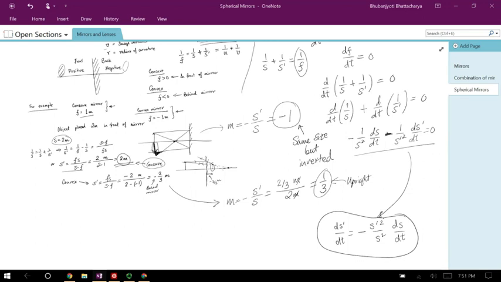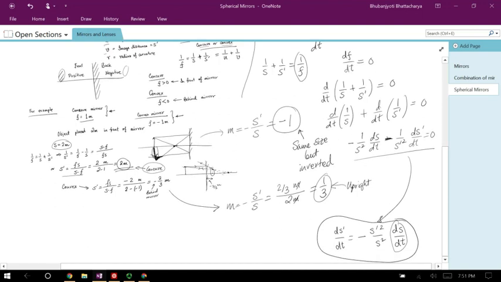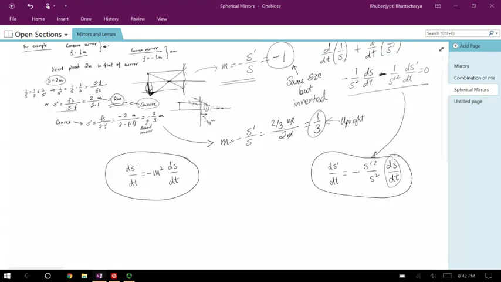Okay, so this is our relationship between the image speed and the object speed. So if I make the object move at a certain speed, then the image will also move at a certain speed, and this is how they're related. Now we can go one step further and notice that m, the magnification, is equal to negative s'/s, which means this factor s'²/s² is just equal to the square of the magnification.